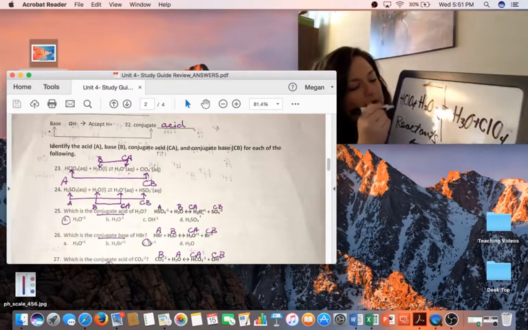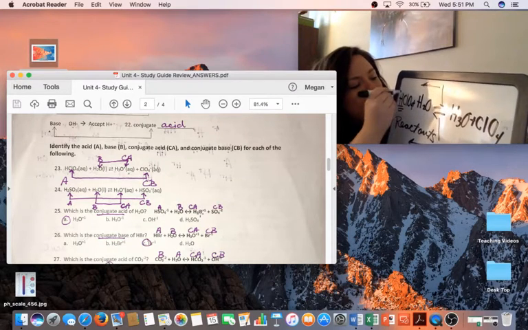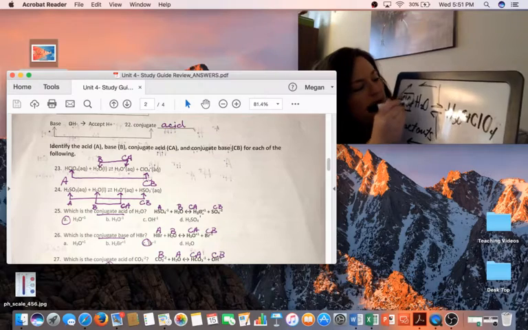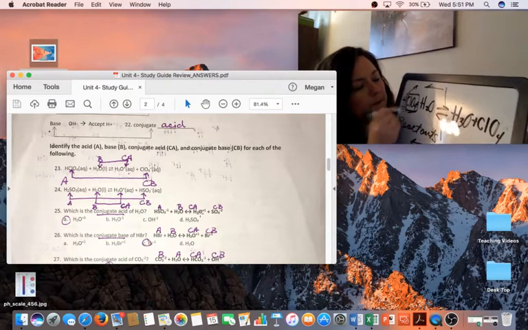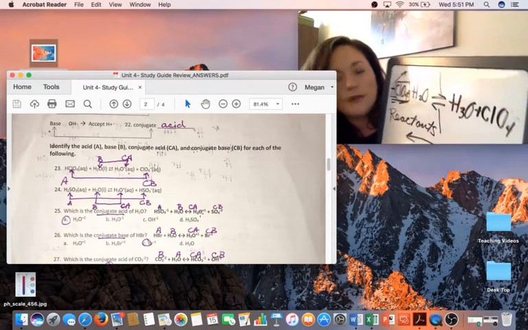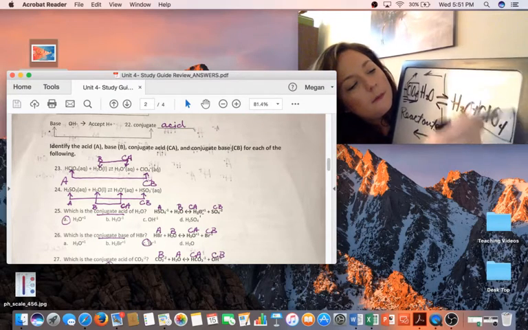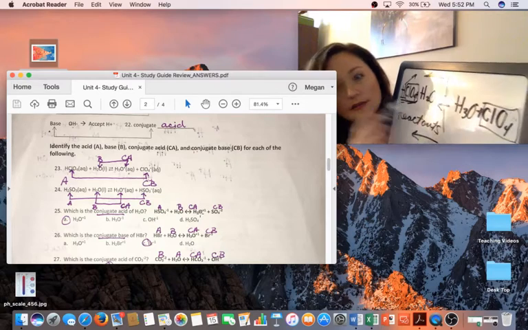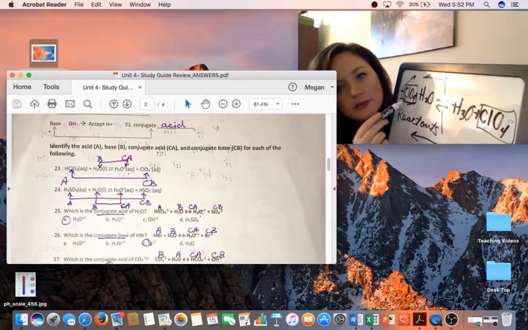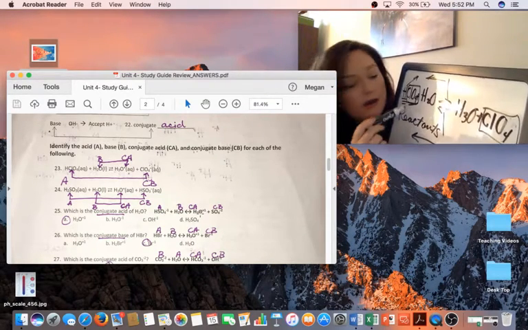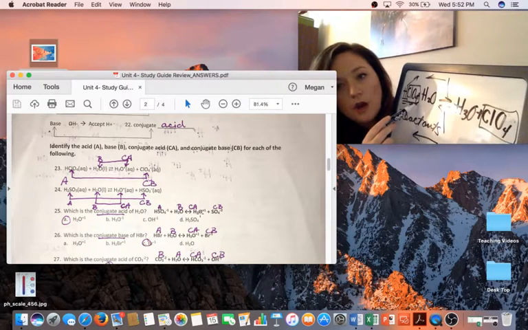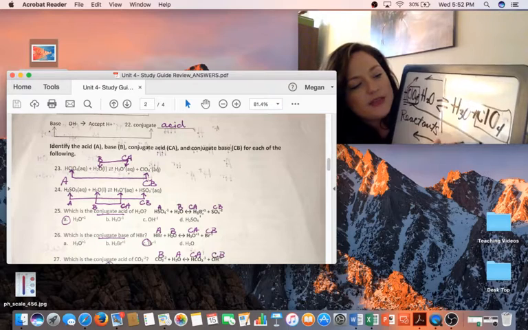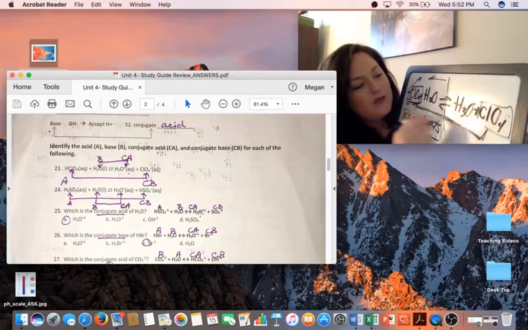So that means this guy right here is going to eventually leave ClO4 and become ClO4 by himself. That ClO4 is the subspecies of HClO4. So that automatically means that's his partner in crime. That is his conjugate.